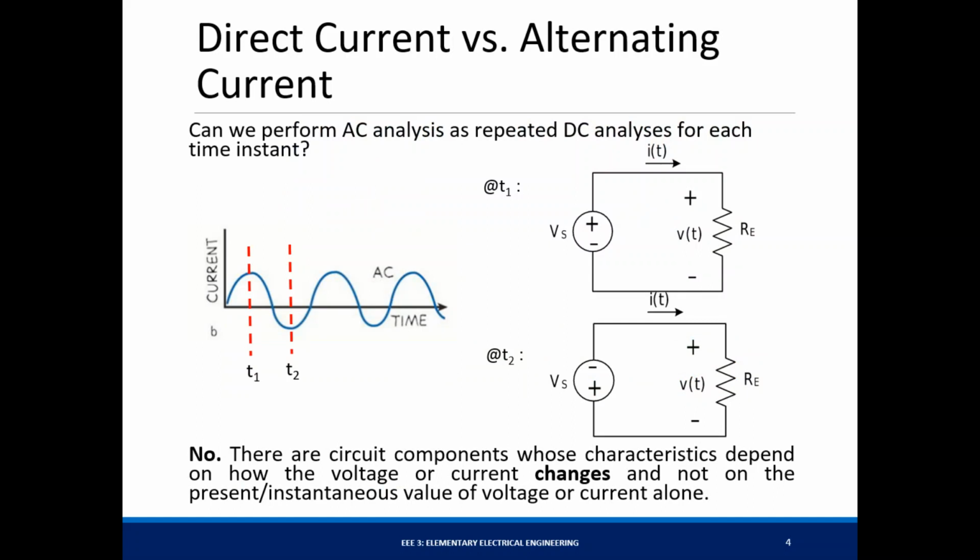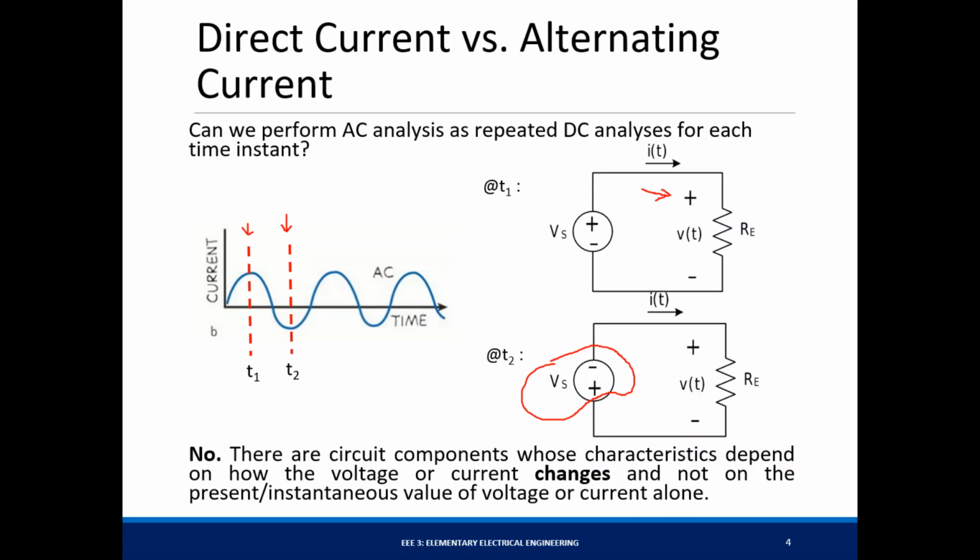So can we perform AC analysis as repeated DC analysis for each time instant? Let's say you're going to consider time t1, then maybe current is flowing this way. Time t2, well, the current is now negative, so it's flowing in the opposite direction, or you can have your voltage source flipped like this here.